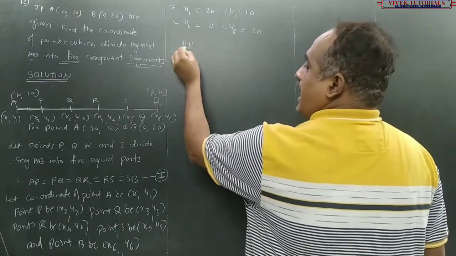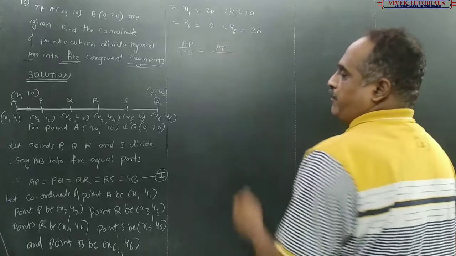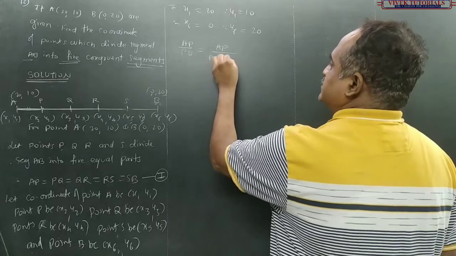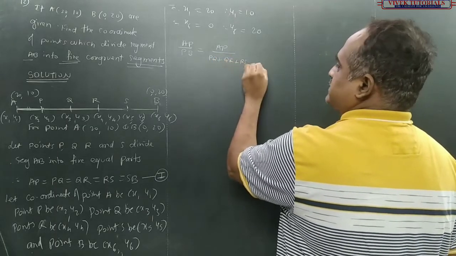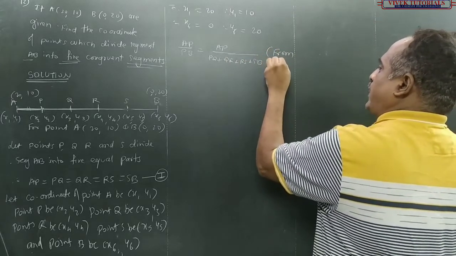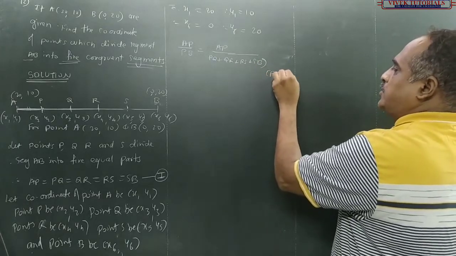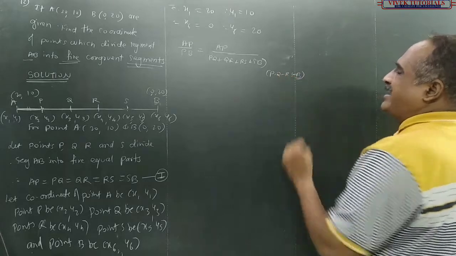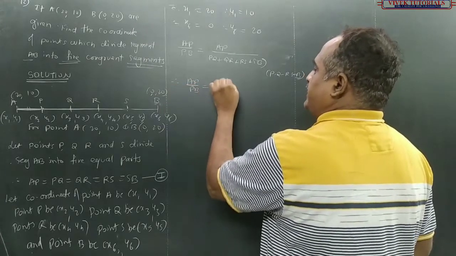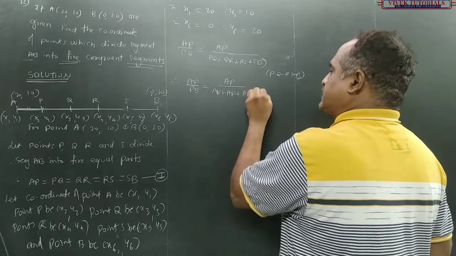AP upon PB is equal to AP upon, instead of PB, what I can write is PQ plus QR plus RS plus SB. From equation 1, the reason is P, Q, R, S and B are collinear points. Therefore, AP upon PB is equal to AP upon AP plus AP plus AP plus AP.